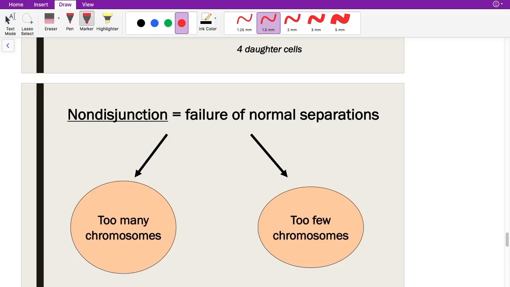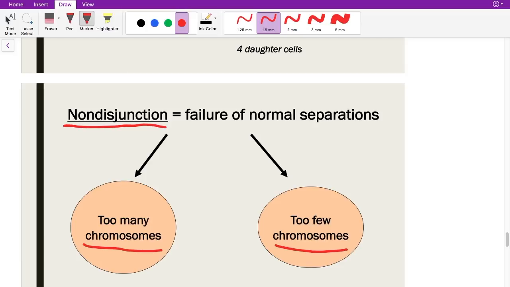But the most important question is, are all of my chromosomes aligned at the metaphase plate? If this is ignored, something called non-disjunction can happen, which is a failure of normal separation. This could either mean that too many chromosomes or too few chromosomes are within the cell.